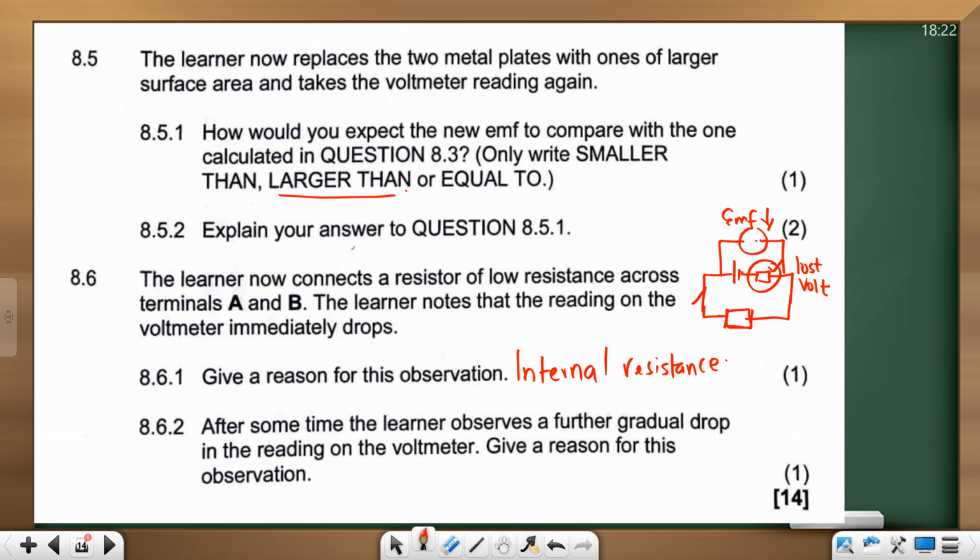After some time, the learner observes a further gradual drop in the reading on the voltmeter. Give a reason for this reaction. What's happening? Here, we are approaching, this is called, the rate of reaction.